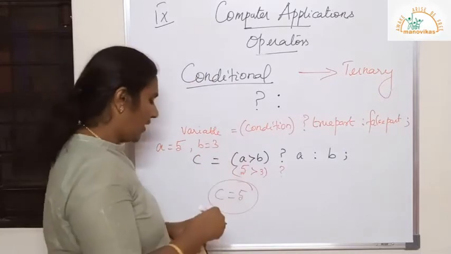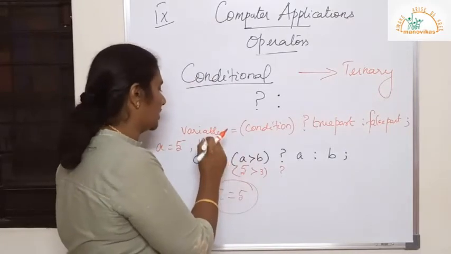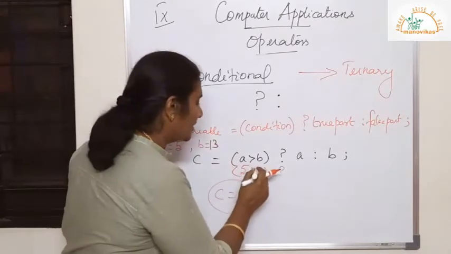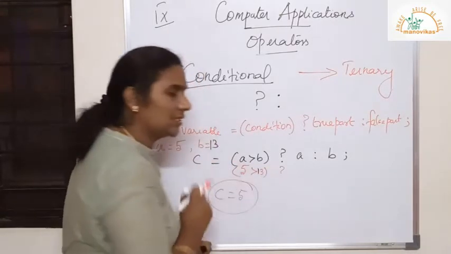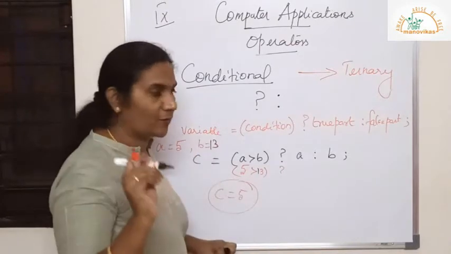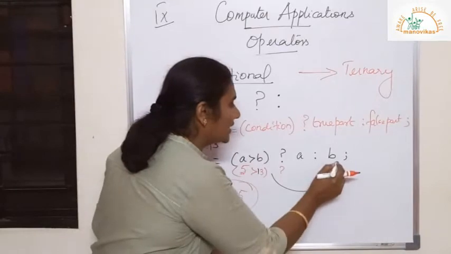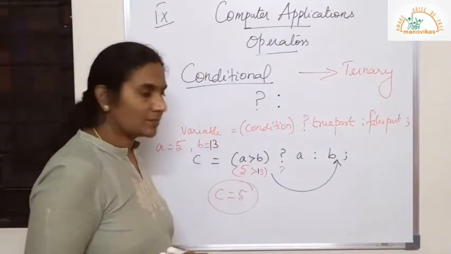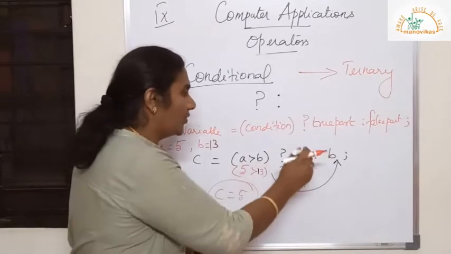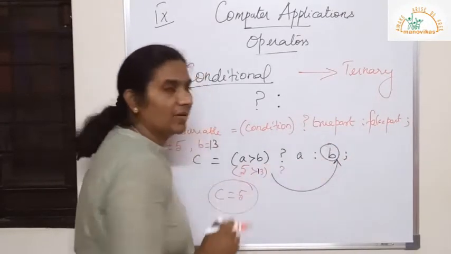Suppose I change my value to 13 here, instead of 3. That means 5 greater than 13. Is it true? No, the condition is false. So immediately it goes to the false part of the code. That means the value of B will be assigned.